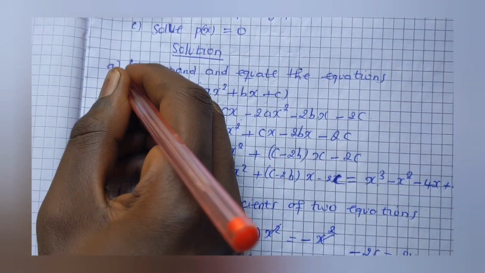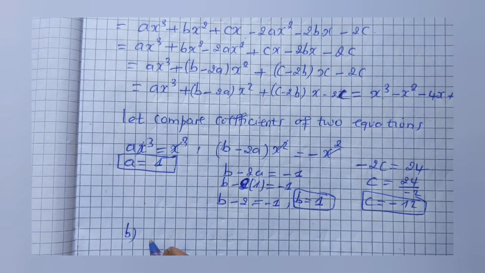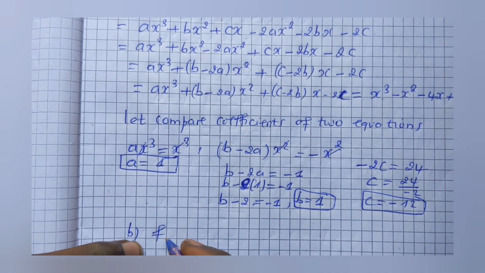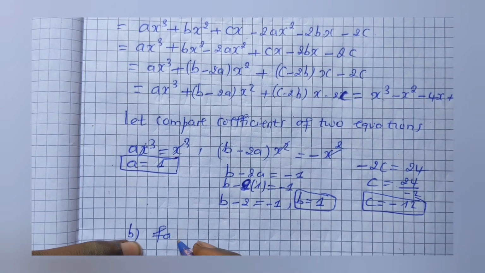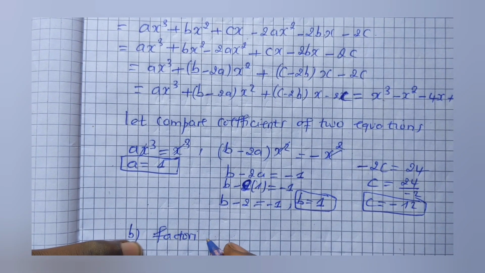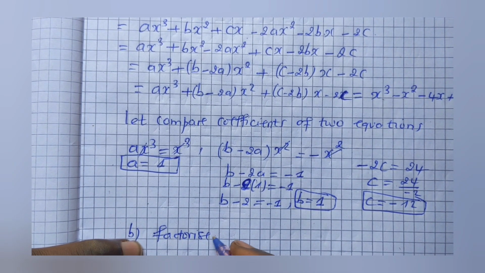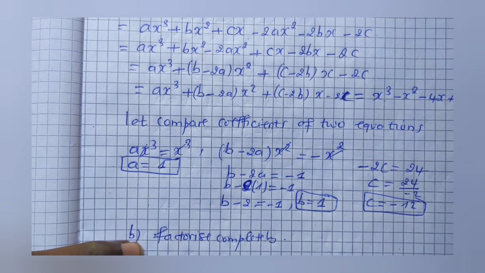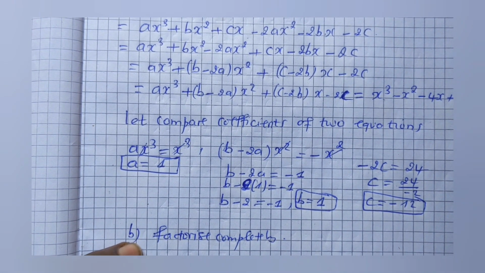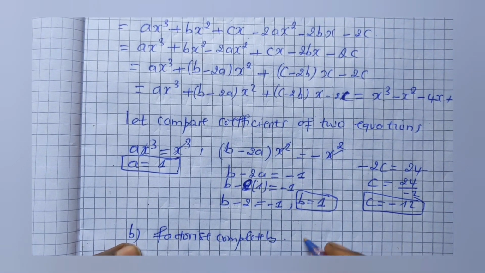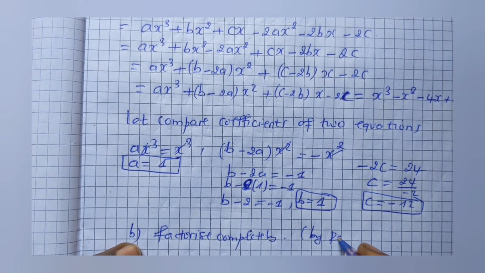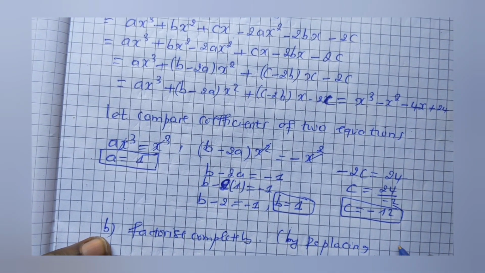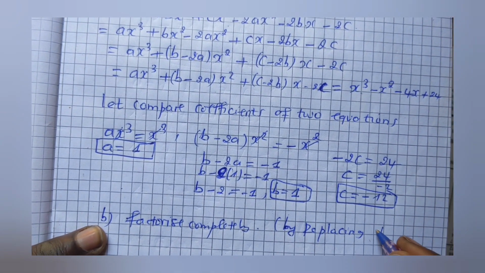Question b is asking us to factorize completely. We have the equation which contains the unknown values a, b and c, and we got them all, so we replace the values of a, b and c and then factorize.